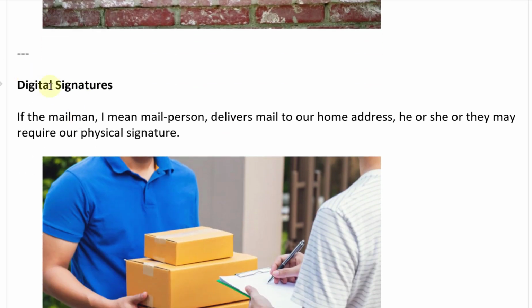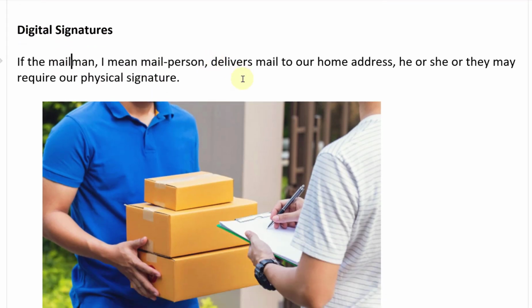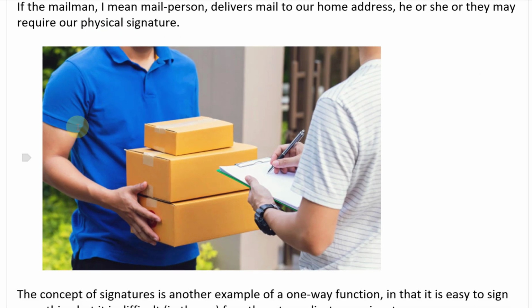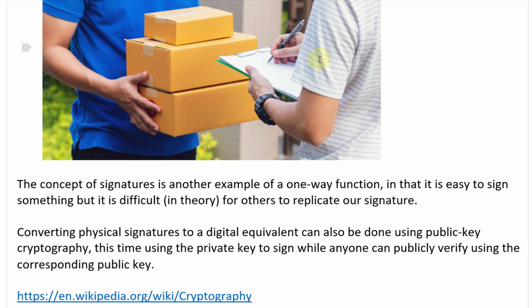Yeah, so now let's look at digital signatures. If the mail person delivers mail to our home address, he or she or they may require a physical signature. So there's the mailman delivering boxes, and if they require a signature, you can sign it, and then they'll know that this person signed it.